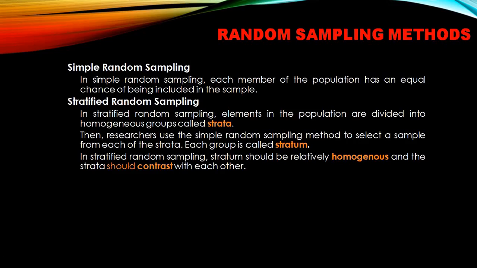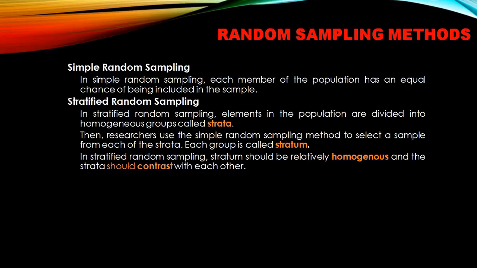Let's move ahead. Simple random sampling is the same as random sampling, where each member of the population has an equal opportunity or probability of getting included in the sample. And stratified sampling, understand this very carefully. From the population, we divide the population into various groups.